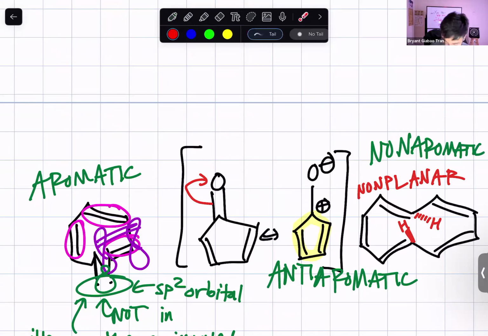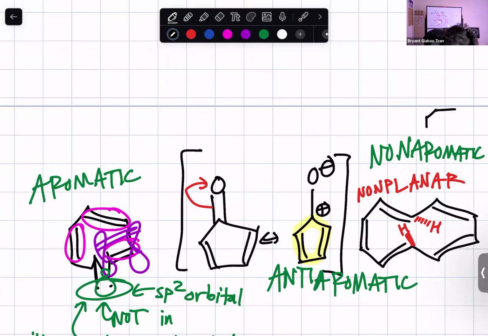Right. And there are some other things that are also non-planar, like this stop sign, cyclooctatetraene. You're gonna see that this eight-membered ring is gonna be a boat shape, like that.